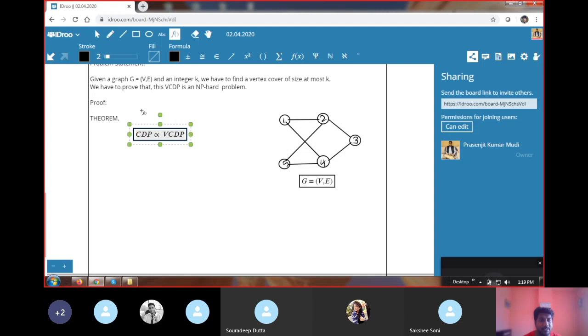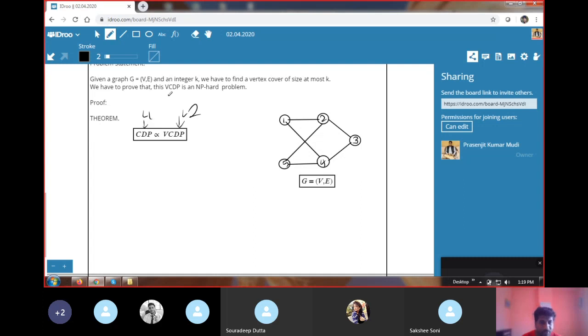Proving the reverse, right? So this is your L1 and this is your problem L2. A problem L2 is NP hard if and only if L1 problem reduces to L2, given that L1 is already a known NP hard problem.